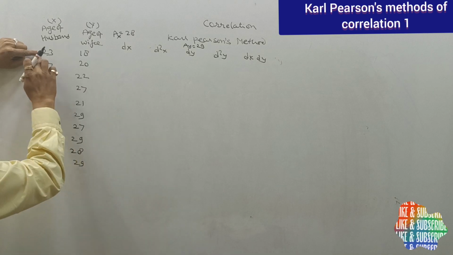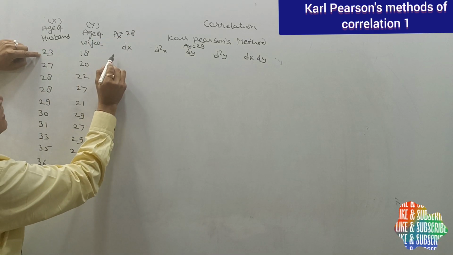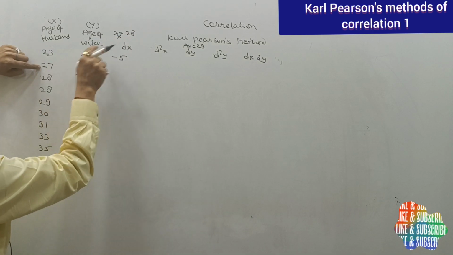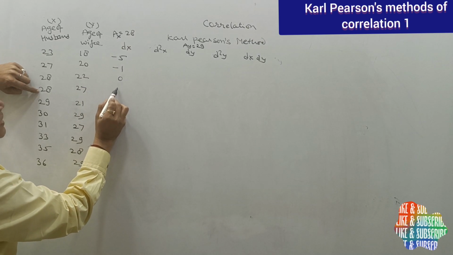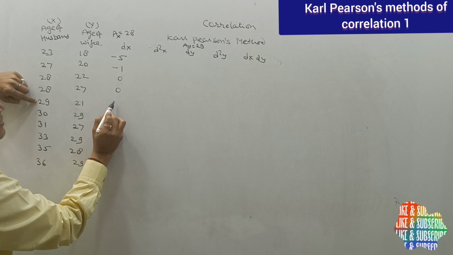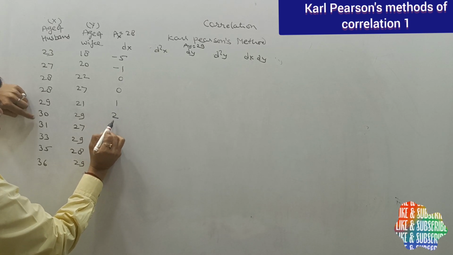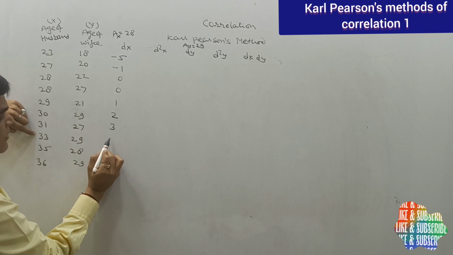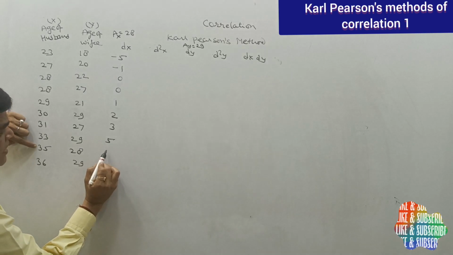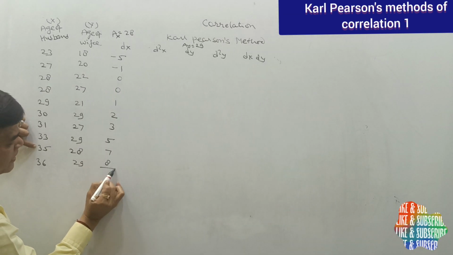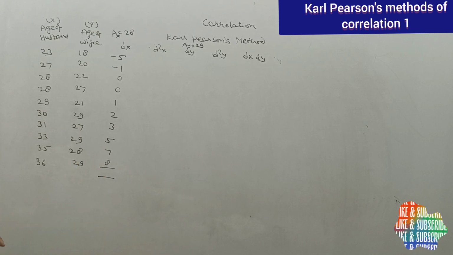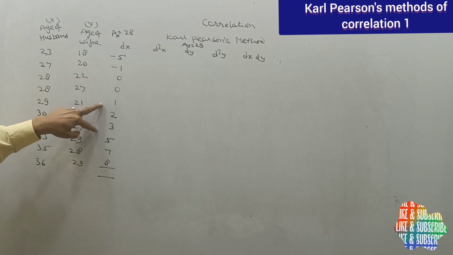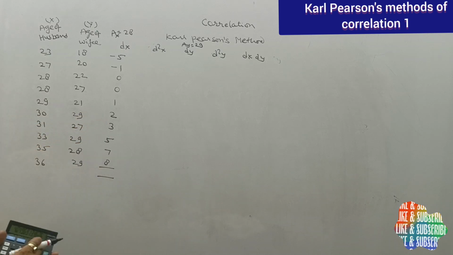So 23 minus 28 is minus 5. 27 minus 28 is minus 1. 28 minus 28 is 0, 28 minus 28 is 0. 29 minus 28 is 1. Here 2, here 3, here 5, here 7, here 8. So the sum of dx is 20.